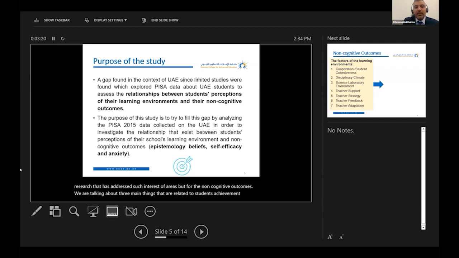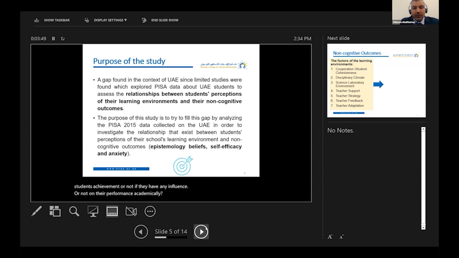First of all, the epistemological beliefs. The second one is the self-efficacy, and the third is the anxiety. These are 3 non-cognitive outcomes that were influenced by students' perceptions of their learning environment. So these are the 3 things that we wanted to know if they will predict students' achievement or not, if they have any influence on their academic performance.